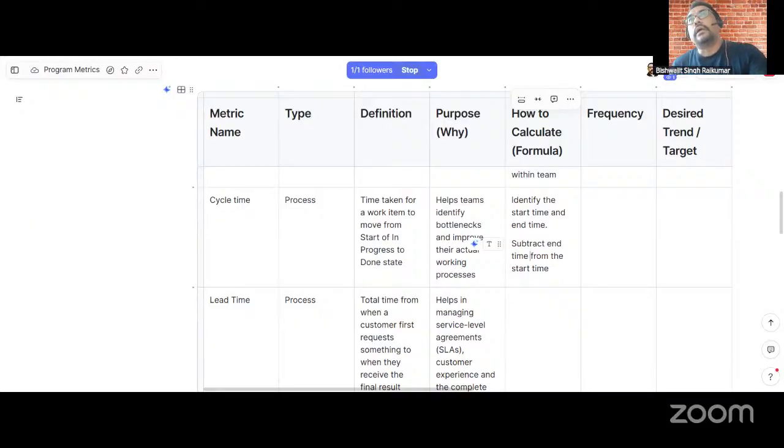But if we put it date-wise, completion date minus the start date, we'll get days like 5 days or 6 days, showing how much time a story takes from start to finish.